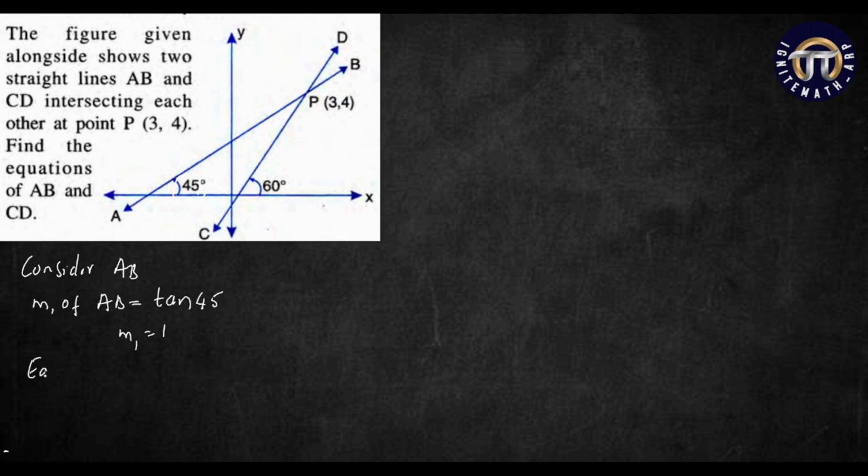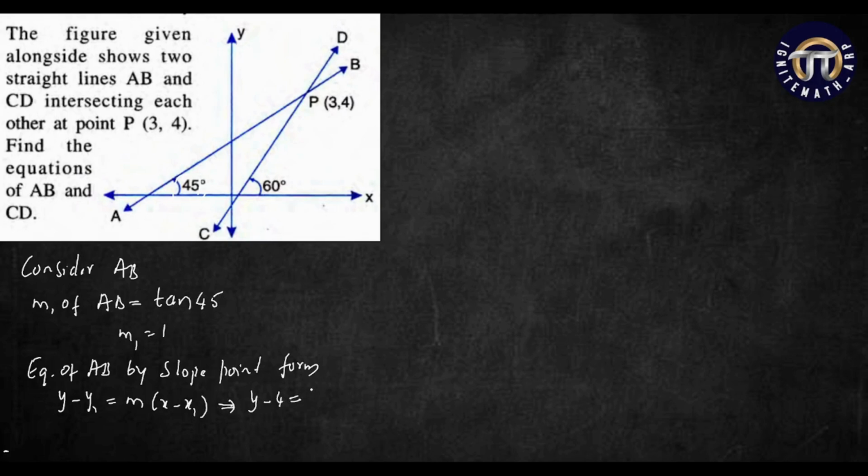Now the equation of AB by what? Slope point form, because I know the slope of the line AB and I know a point on the line AB. So it is given by y minus y1 is equal to m of x minus x1. So y minus 4 is equal to m, which is 1, times x minus 3.